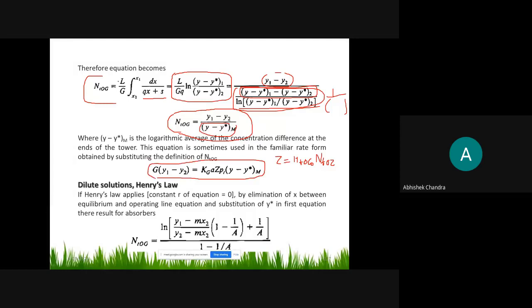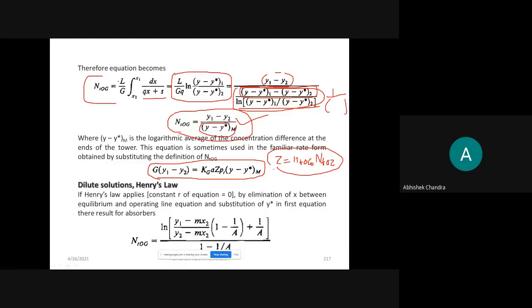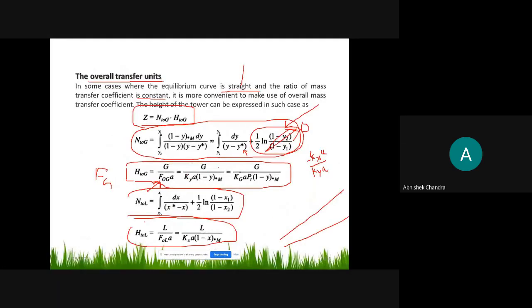After arrangement this is the same equation: put this NTOG value and HTOG value from the height of the transfer unit overall.